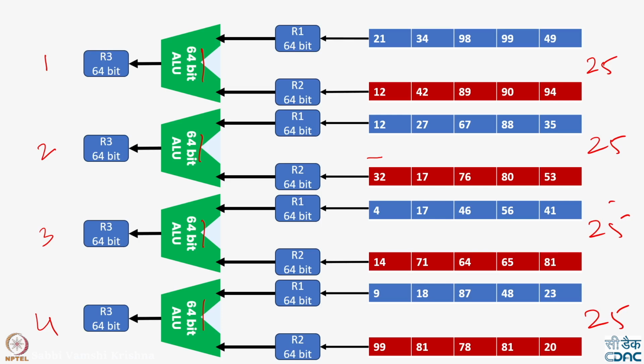And all these execution units are working independently, and these elements will be processed by independent threads in each case. These are all processed by independent threads T.